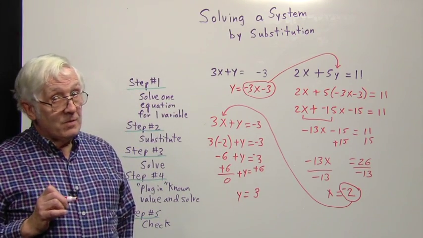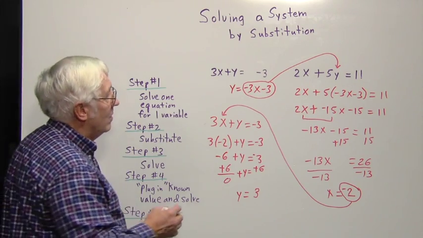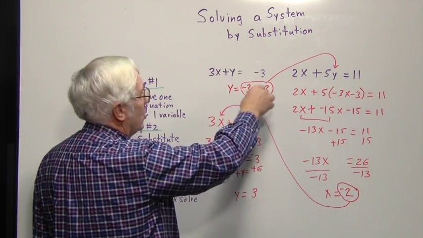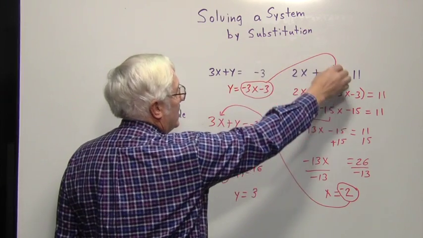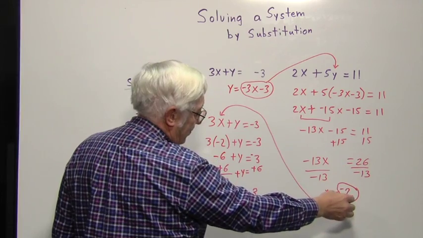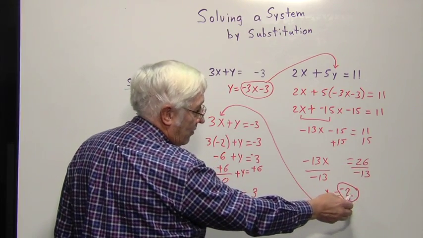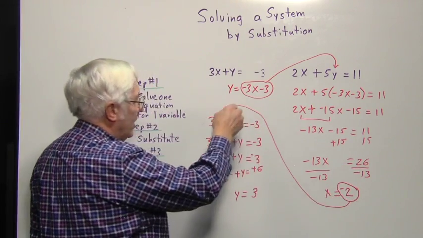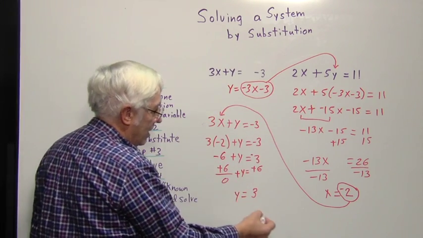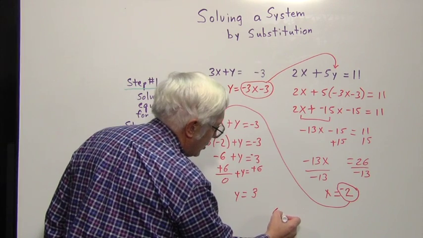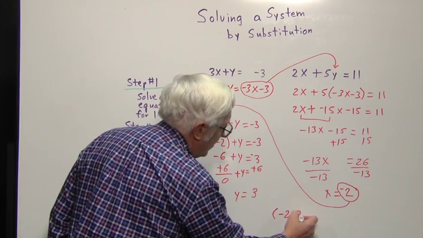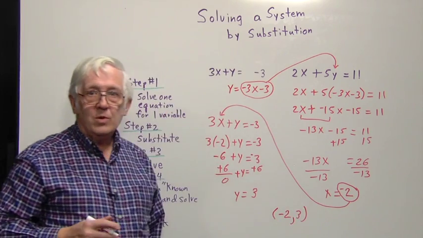So if we've done everything correctly, we've solved for y in terms of x, substituted in, solved for x, taking this numerical value for x and plugged it into the first equation, and then solved for y. We now think that the solution to this system is negative 2, 3.